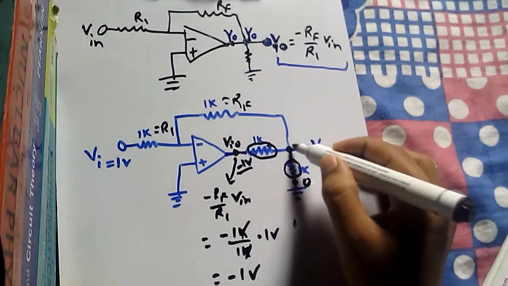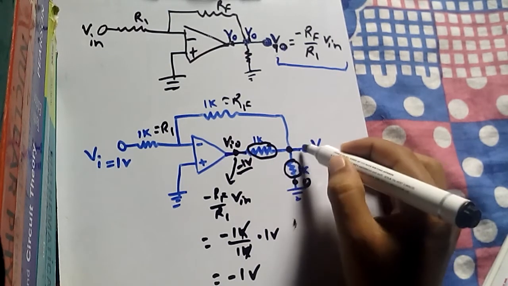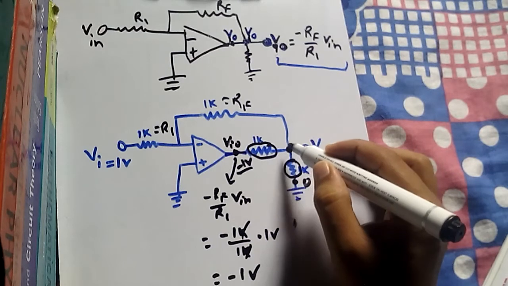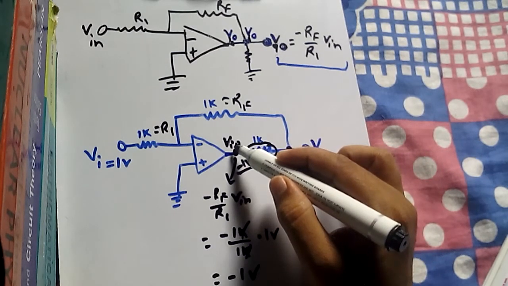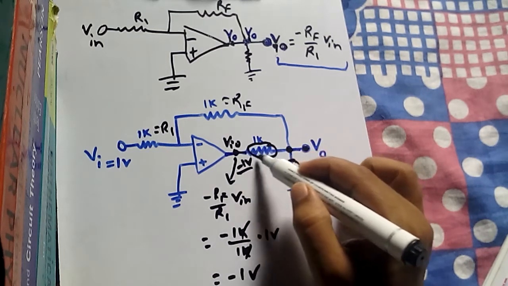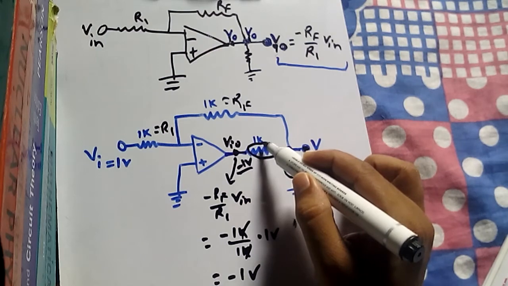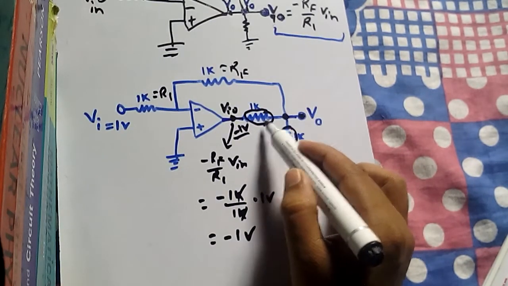And what is the voltage at this point that we have to find? Because we have to find V naught, and this V naught is the voltage at this point, and the voltage at this point is actually the ideal voltage minus the voltage drop across this resistor. So for that we have to find the voltage drop across this resistor.